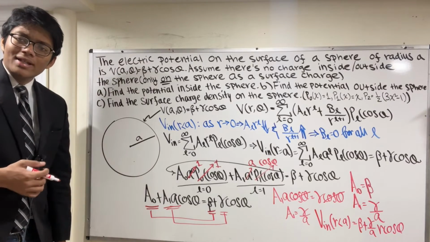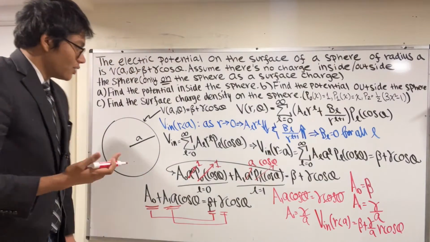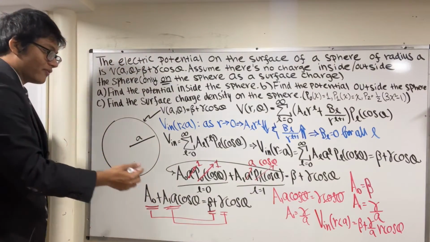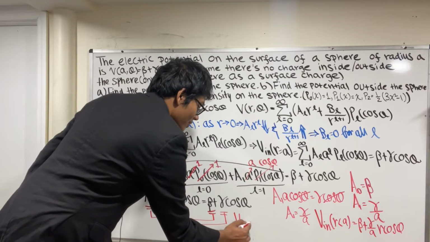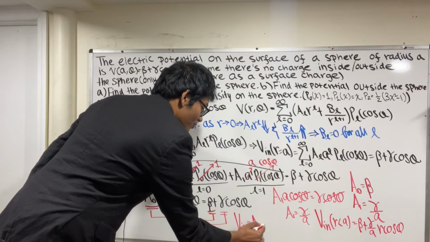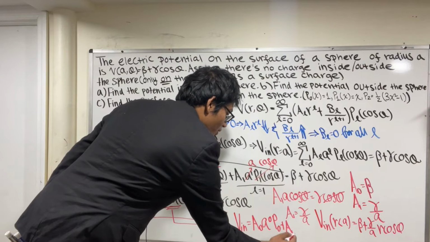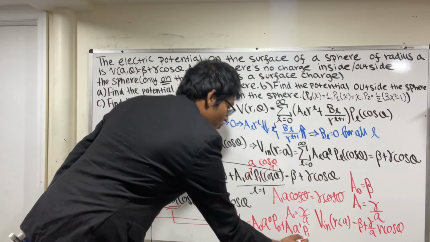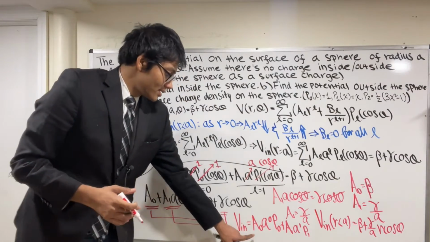If you're wondering why I wrote it like that, how did I know that was going to be the electric potential? Well, remember that the format for the electric potential inside is simply A sub 0 times R to the 0 P sub 0 plus A sub 1 R to the 1 P sub 1. Of course, A sub 0 and P sub 0 are just 1, so I can disregard them.